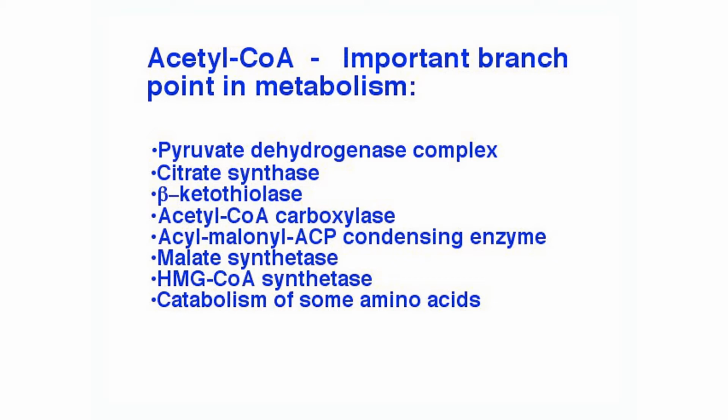So the pyruvate dehydrogenase complex converts pyruvate to acetyl-CoA, so it can enter the citric acid cycle. We also have citrate synthase, which introduces acetyl-CoA into the citric acid cycle when it condenses with oxaloacetate to produce citrate.